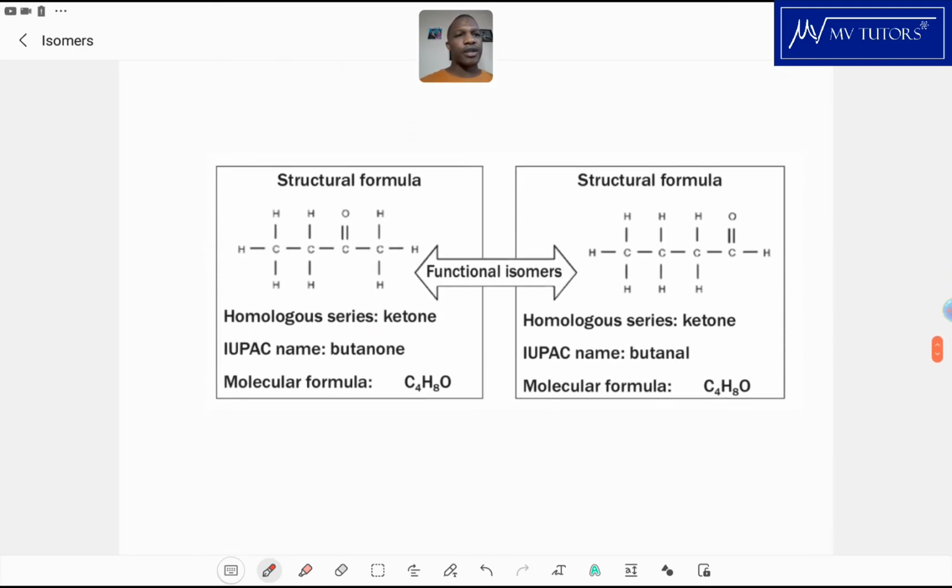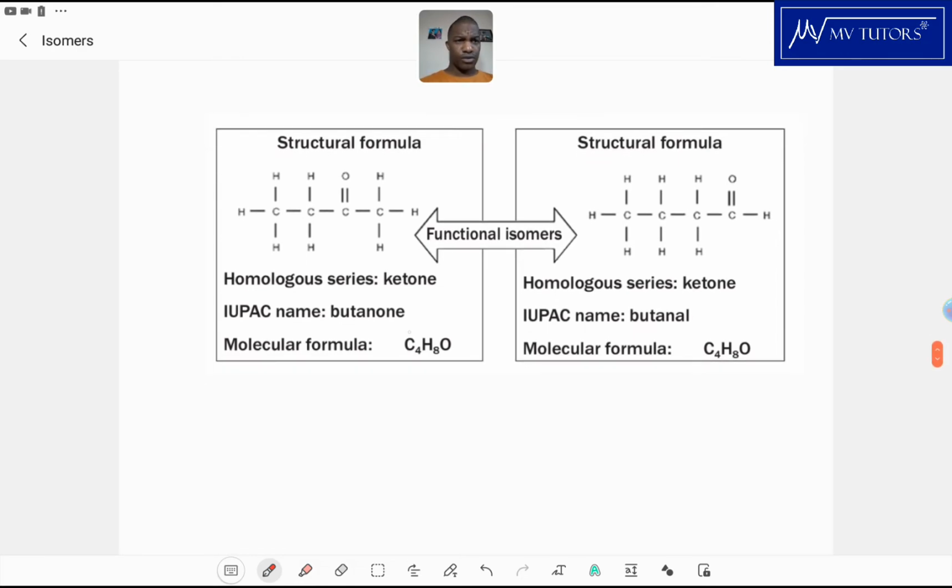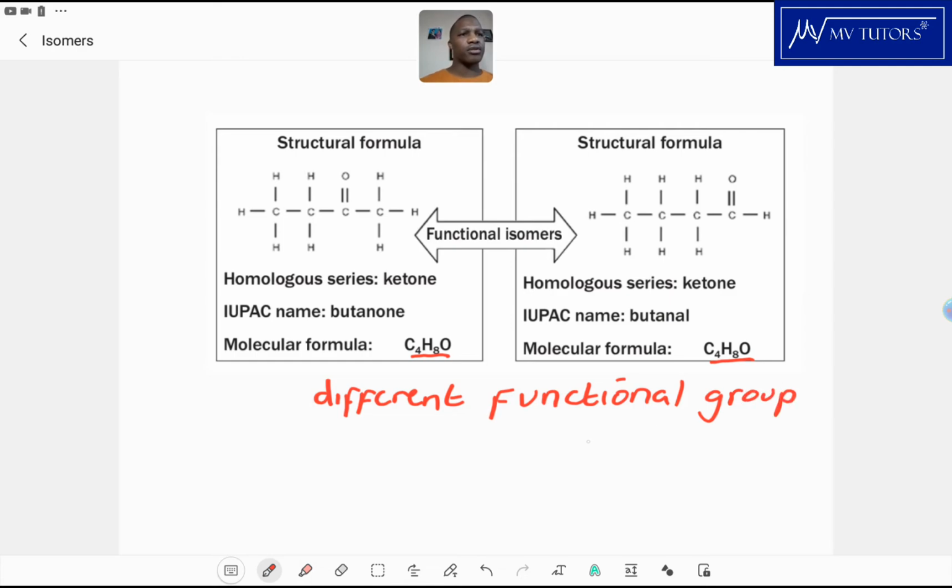And then the third one is a functional isomer. As you can see, it has the same molecular formula, but the functional formulae are different. So these ones have different functional groups.